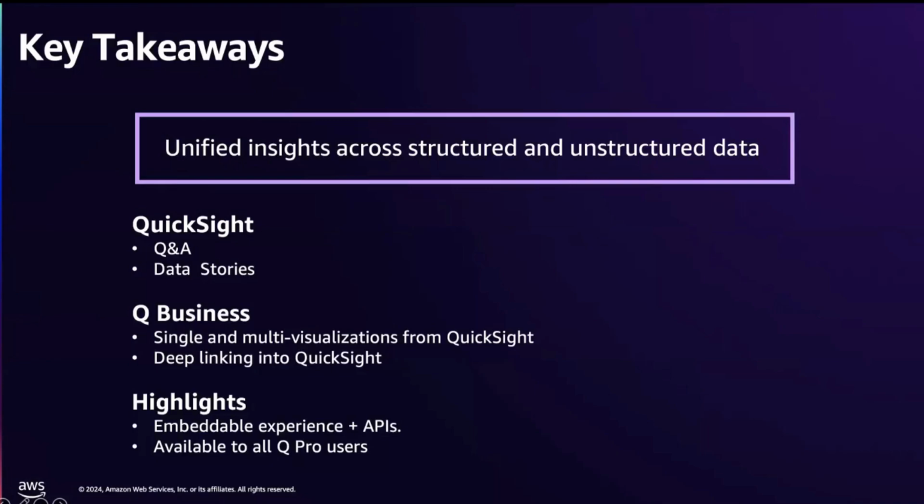So again, if you're a Reader Pro or an Author Pro, you are able to combine all this and utilize both QuickSight and QBusiness together. So there's no reason for you not to go try it out. And as I showed, it's very easy to get set up, very easy to get started. And the number of different use cases and opportunities are quite far endless.